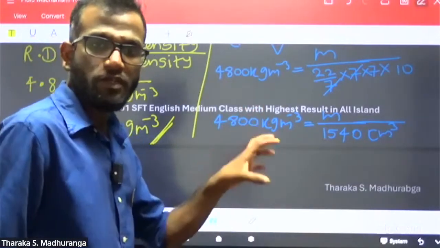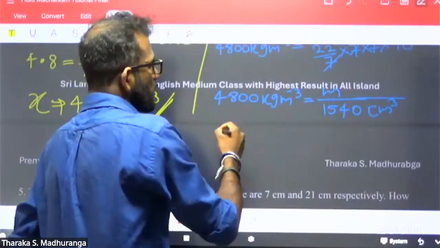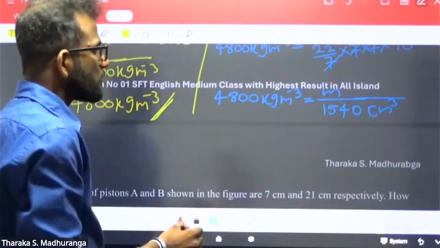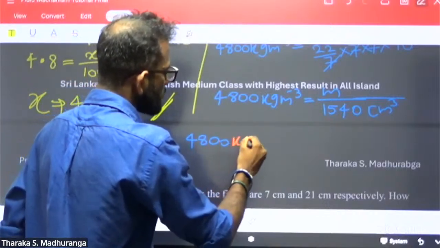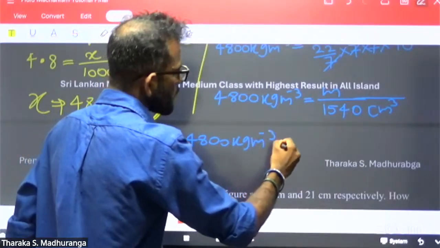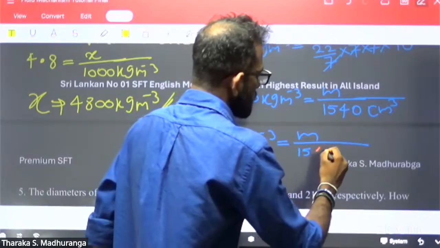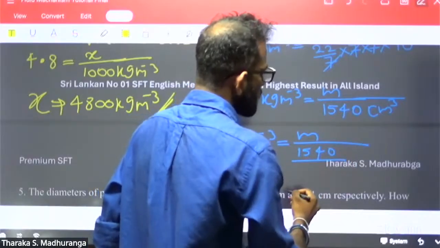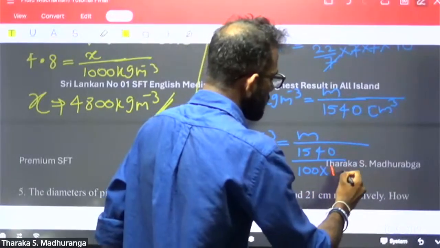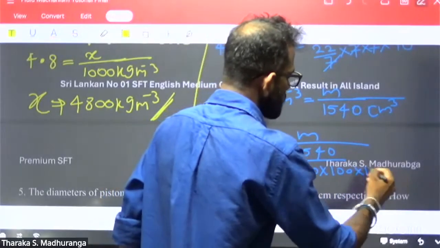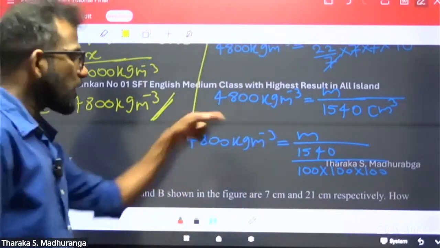So 4,800 kg m^-3 equals m over 1,540 divided by 100 into 100 into 100, dividing three times by 100. Then the answer is coming.